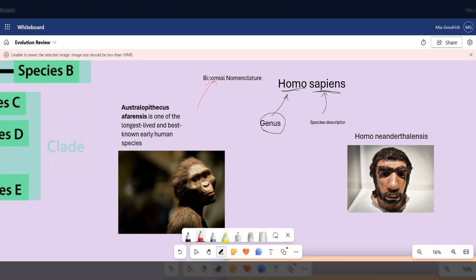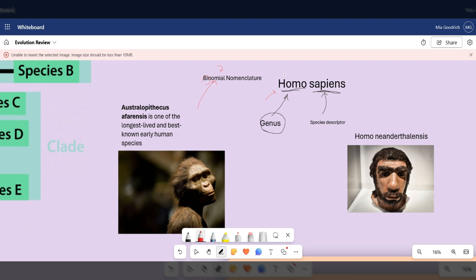Again, bi meaning two, so we have two names basically. To give you an example, for humans, our scientific name is Homo sapiens. We have two names. Word one, Homo. Word two, sapiens.